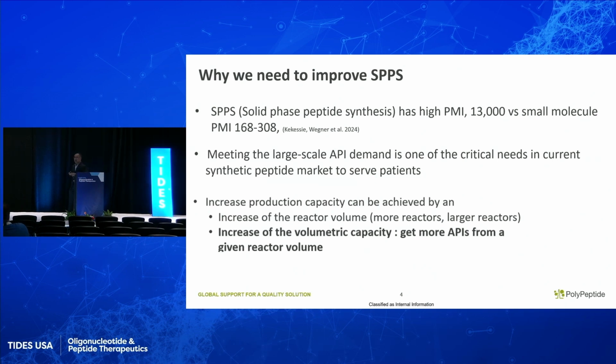So there are a couple of ways to do this. We can increase peptide production capacity by building a bigger reactor. But there is a downside to that, because building a bigger reactor is often costly and expensive, and a bigger reactor may not always be the most efficient reactor.